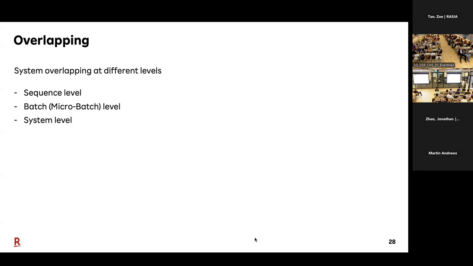And for system level, you might have some checks on the sampling as well as the scheduling of the request, and the sending and the launching of the kernels. So the idea is to hide the latency between the communication and the computation, as well as the latency between the two stages, as well as the latency between different requests.